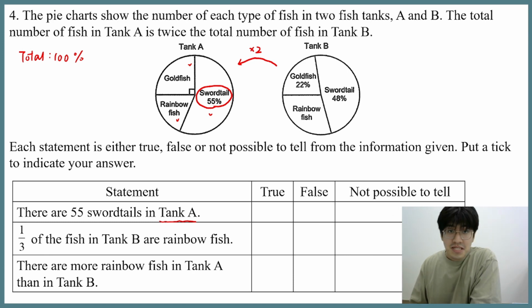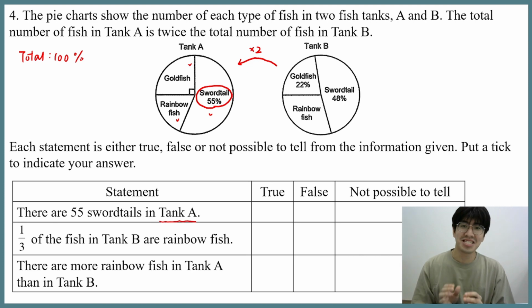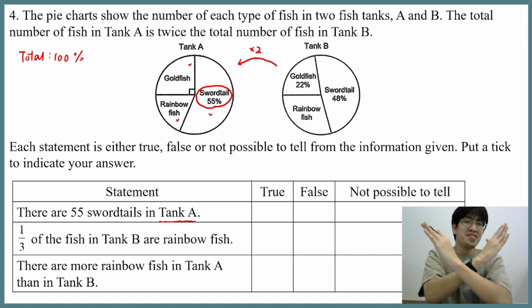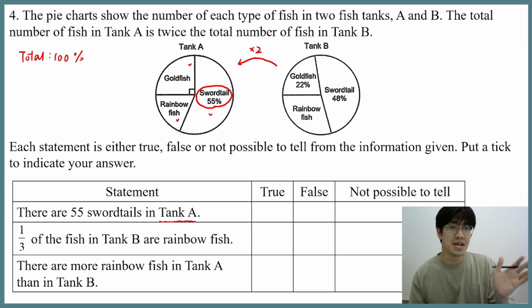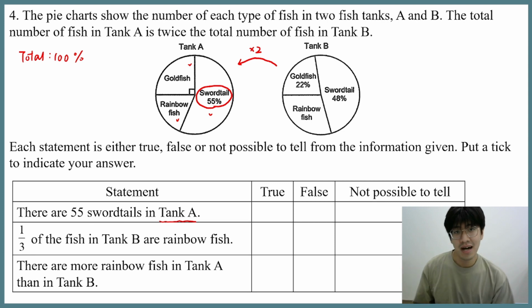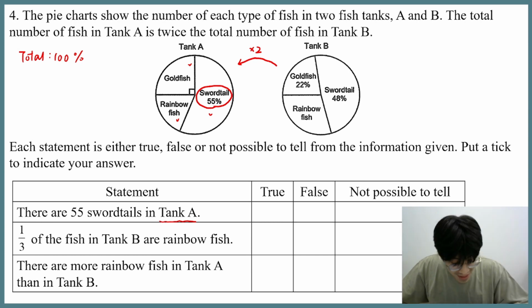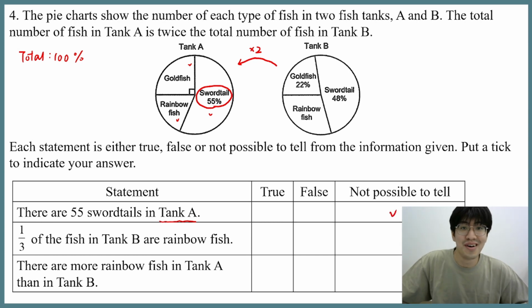Well, false means that we know this is not right. This is definitely wrong. What for not possible to tell, it means that I'm missing some information so that I won't get the answer. And in this case, which one would you think is going to be the one we go for? Not possible to tell, very good. So that's for the first part.